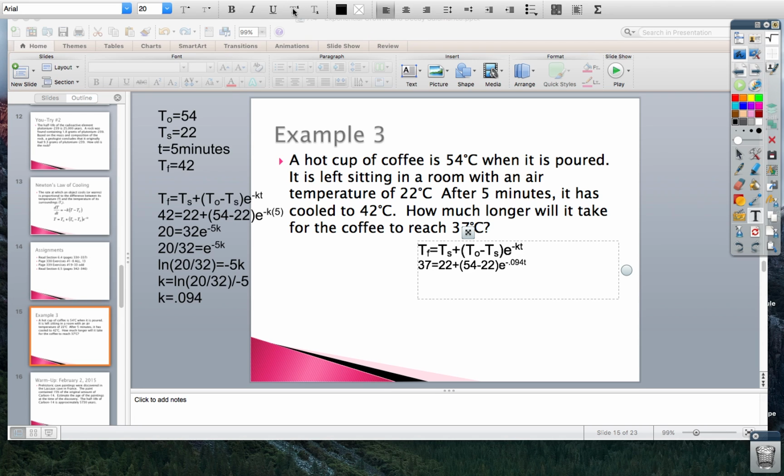So we're going to subtract 22 to both sides. We're going to get 15 equals 32 times e to the negative 0.094 times t. We're going to divide by 32 to both sides.